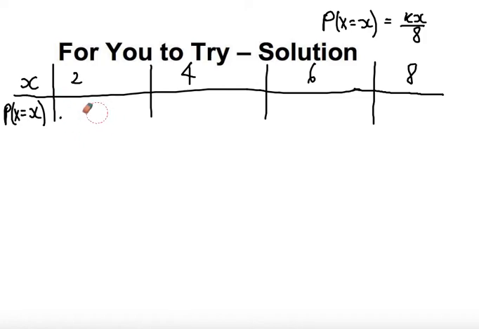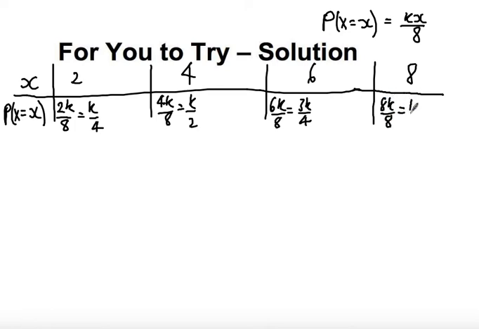So let's do 2k over 8, which gives us k over 4. We then get 4k over 8, which is k over 2. We then get 6k over 8, which is 3k over 4. And then finally 8k over 8, which gives us k.